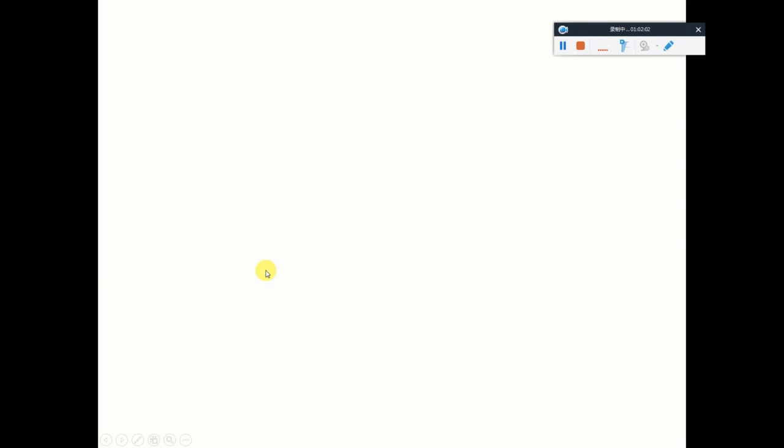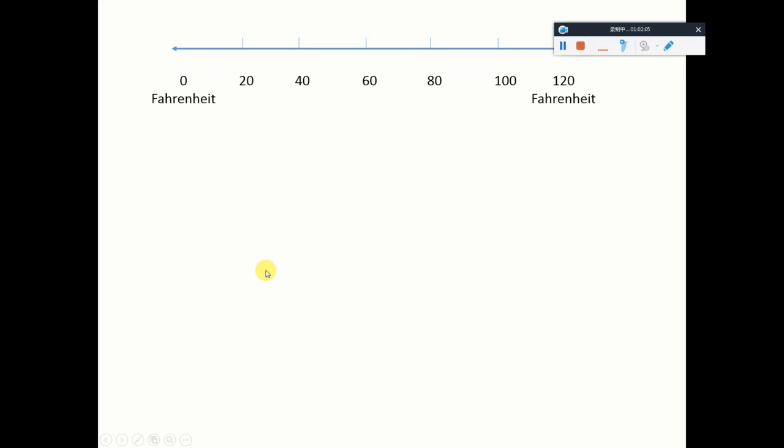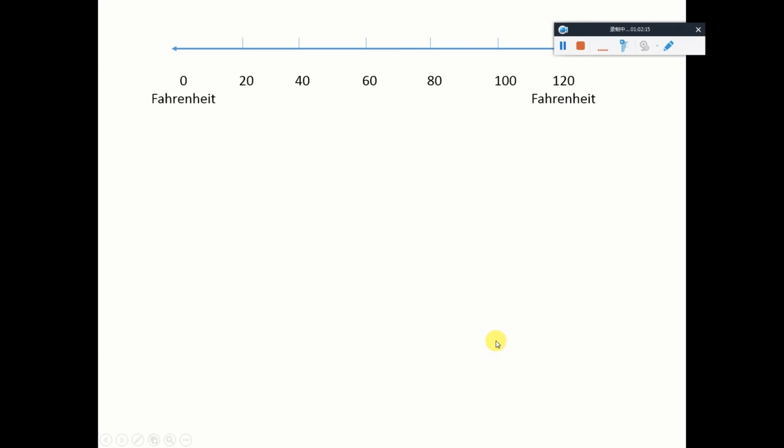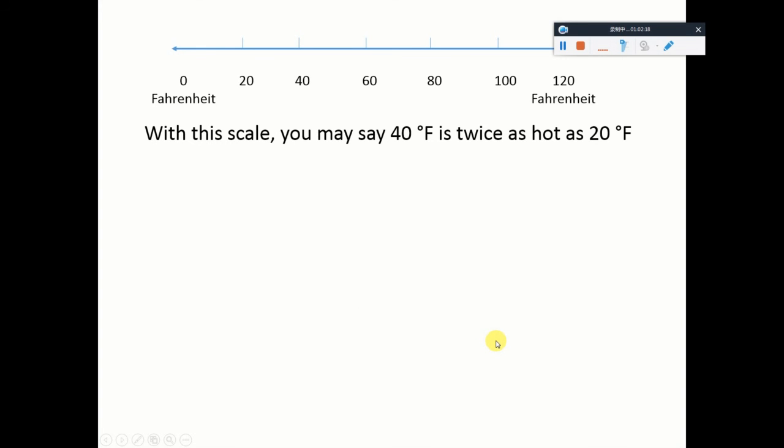Okay, here's the answer. The answer is you cannot. You cannot meaningfully say that 40 degrees Fahrenheit is twice as warm as 20 degrees Fahrenheit. The reason is exactly because we have an arbitrary 0 point.